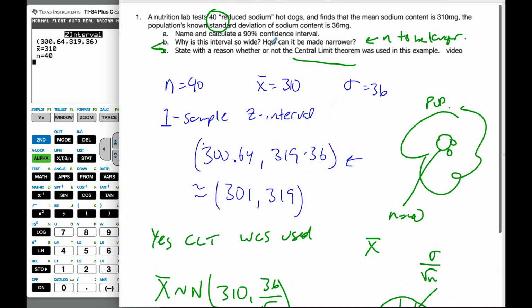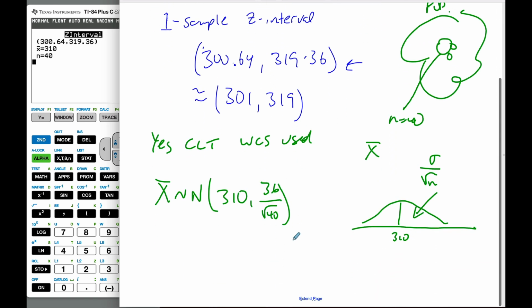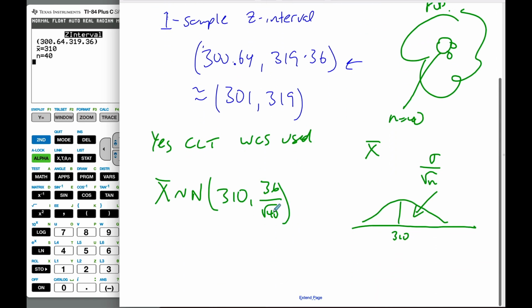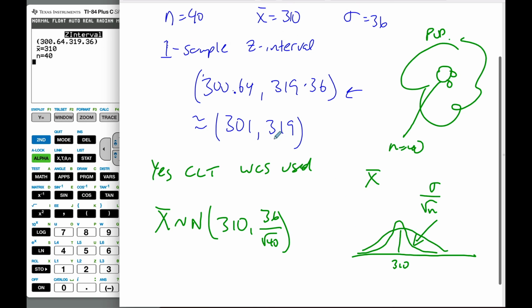So if I want to make this a narrower interval, I increase N, which decreases the entire standard deviation, which takes this curve here and squeezes all the values in tighter. And so then you can find a confidence interval that is smaller.